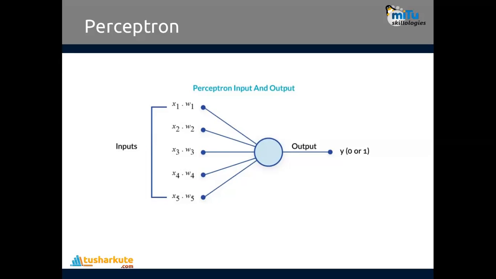And based on that, the neuron processes information and generates the output. But why exactly is the output generated? So in the general terminology of machine learning, we give the name X to the inputs and Y to the output. In this diagram shown over here, we have multiple inputs, X1, X2, X3, X4, X5, which we call the features.